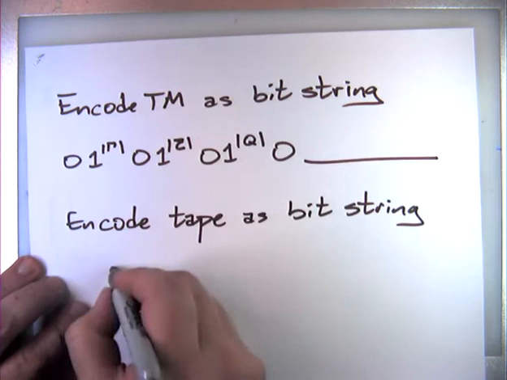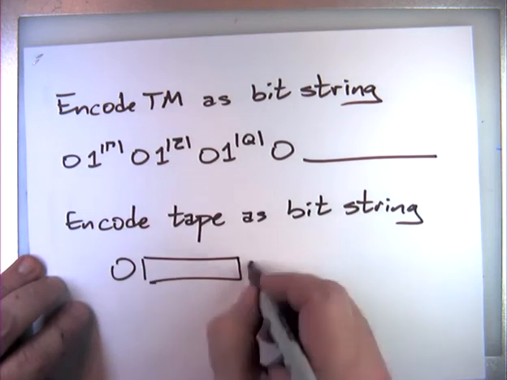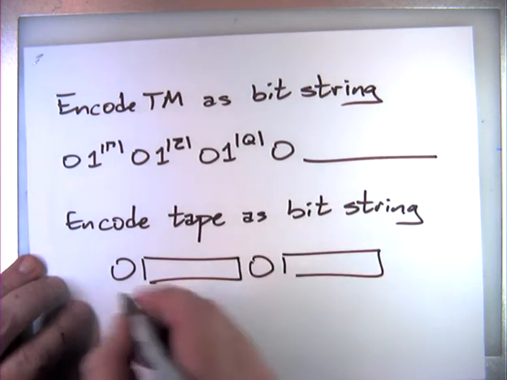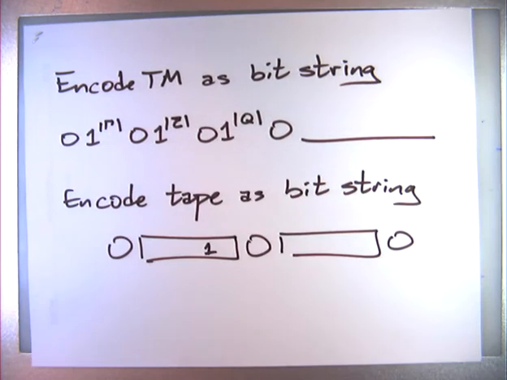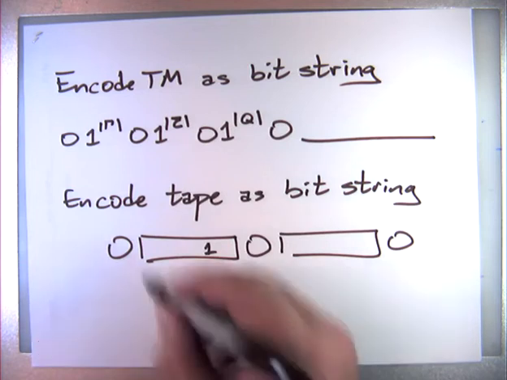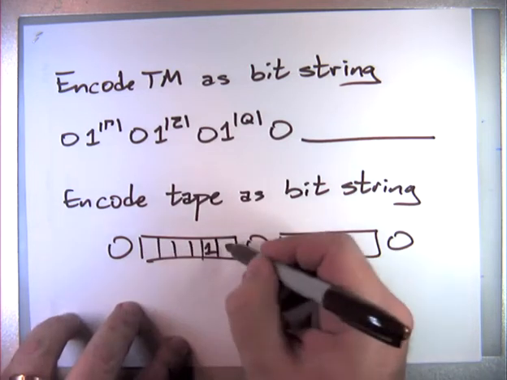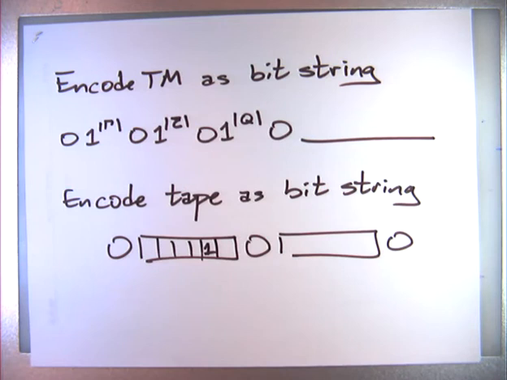So I might have a 0 and then a field that represents the contents of the tape with a 1 in exactly the right position to indicate which symbol is at that position on the tape. So if I'm simulating a machine that has a tape alphabet of size 6, I might use 6 cells in a row to represent that one cell with a 1 in exactly the right position.